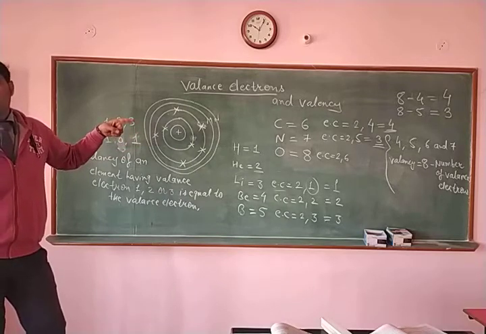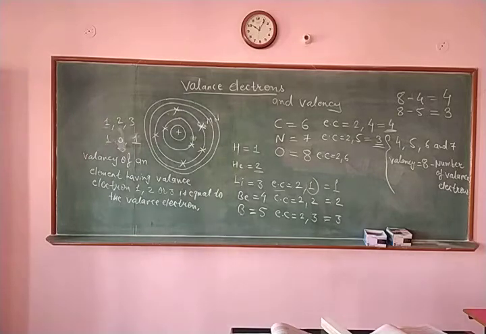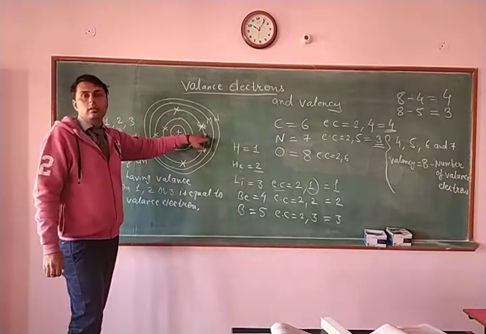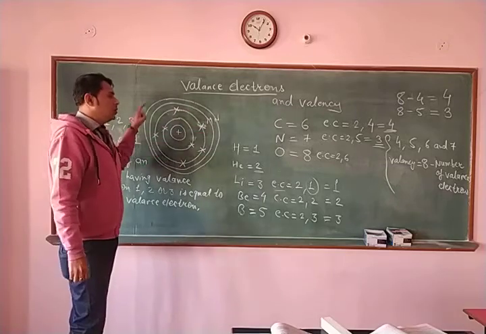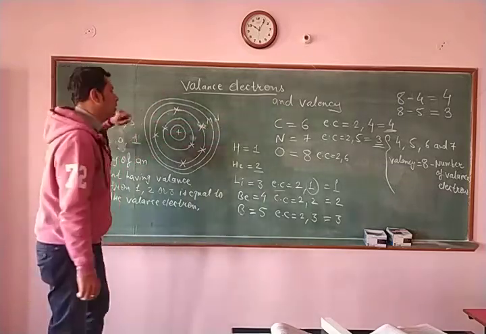Look at the electron configuration and you can tell how many valence electrons are present. What is the outermost shell of oxygen? The outermost shell of oxygen is L, and oxygen has 6 valence electrons.